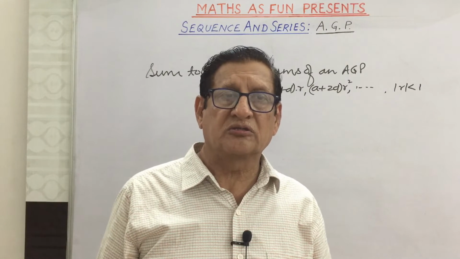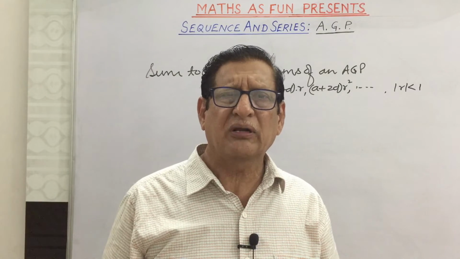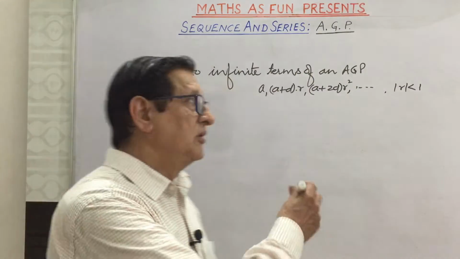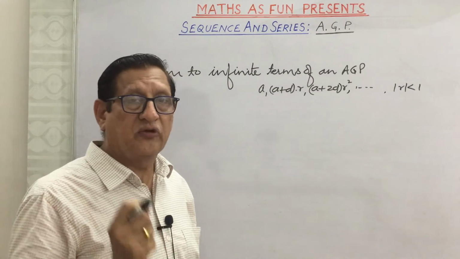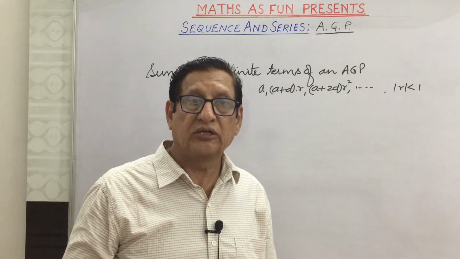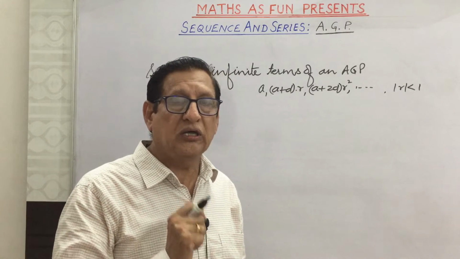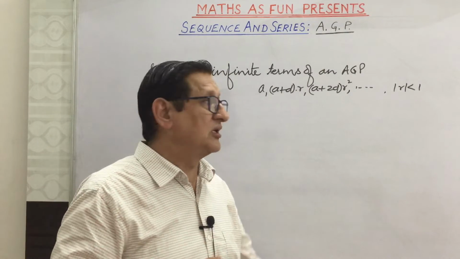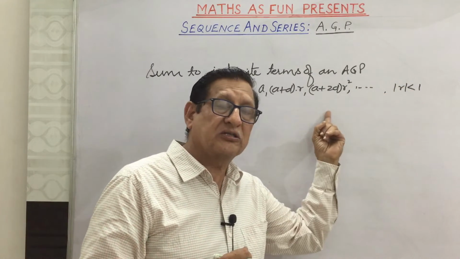We planned to discuss the sum to n terms of an AGP only in this video, but let's add the sum to infinite terms also. We already learnt in the video for GP that the sum of an infinite GP can be obtained only if the common ratio is less than 1, that is modulus r is less than 1. The same applies here also.